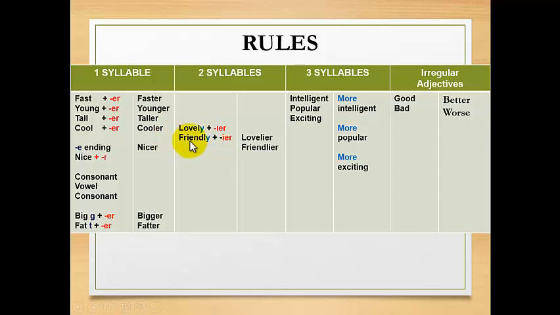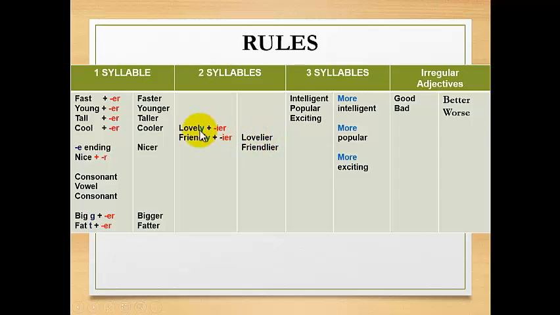Lovely, friendly. Here, as you can see, the two adjectives end with the letter Y. So when we have a Y ending, we are going to change the letter Y for the letter I. So we have an ending IER as lovelier.